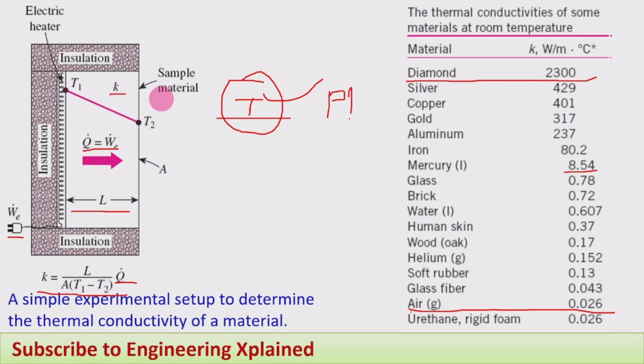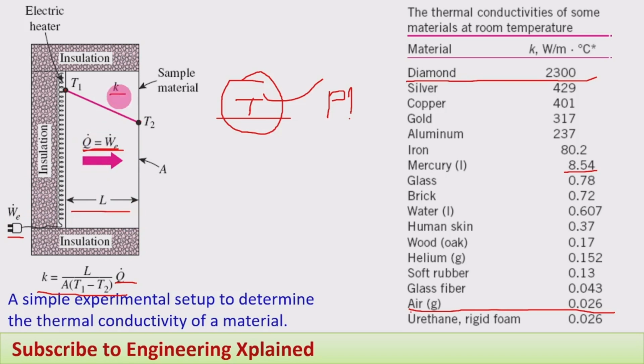Its thermal conductivity K needs to be determined. For that, electrical work is supplied as heat, and that heat conducts through this material, so the heat transfer will be equal to the electrical heat supply. As we know how much electrical work we can supply, from that we can have how much heat is supplied.